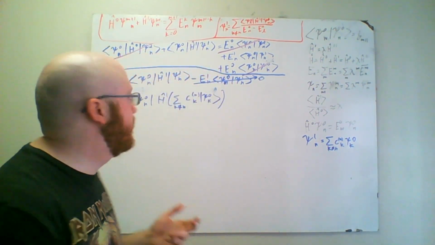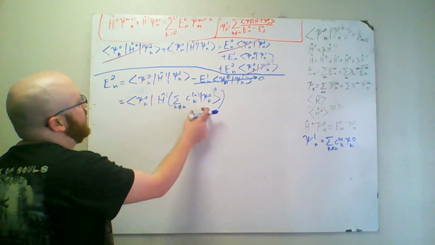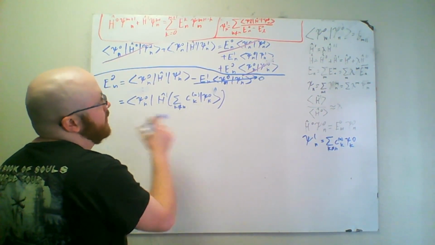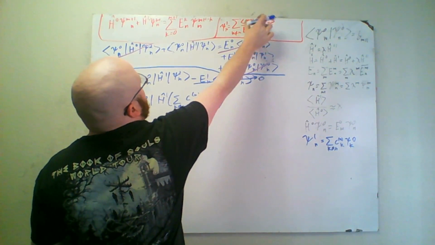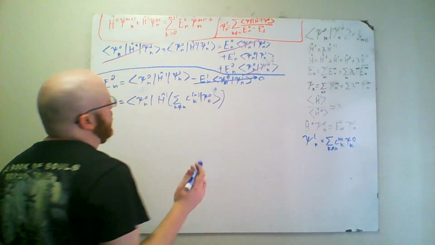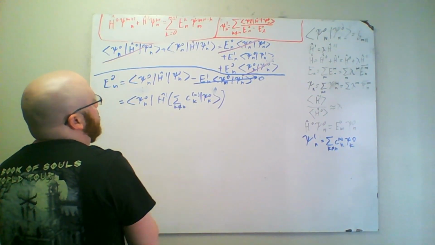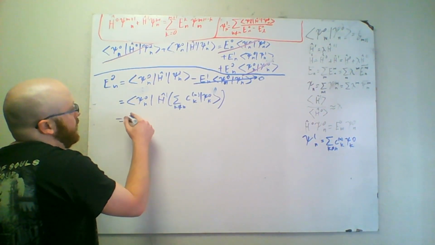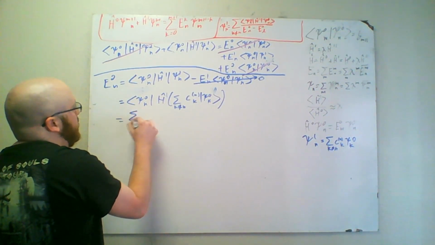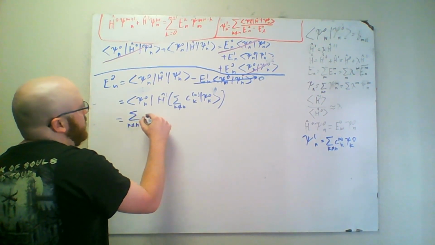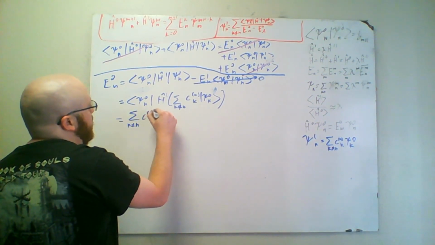Okay, yeah. So they don't get rid of the sum because once again, if you apply this to this, you don't know if it is equal. Like we applied this to this, the L and the N are different. We don't know if they're equal, but we can make this substitution, or we can bring everything in here. So let's do that. Equal sum k not equal to n, c n k.